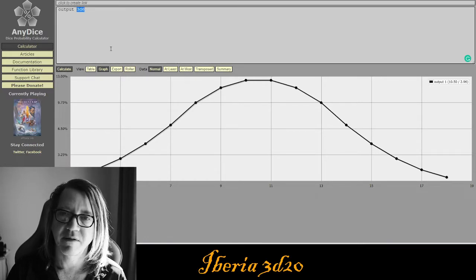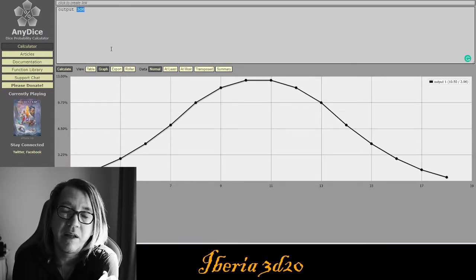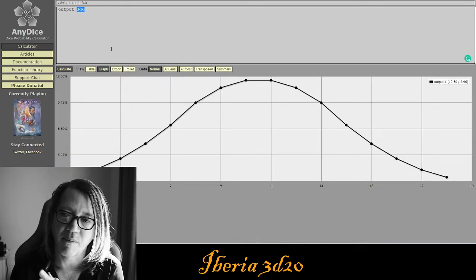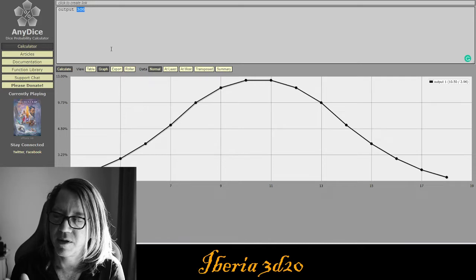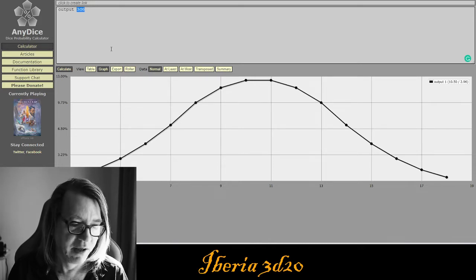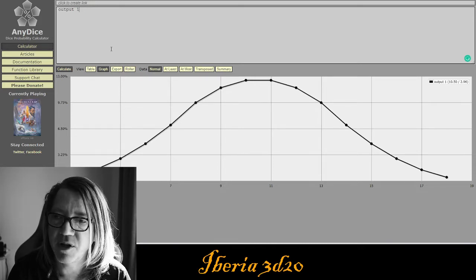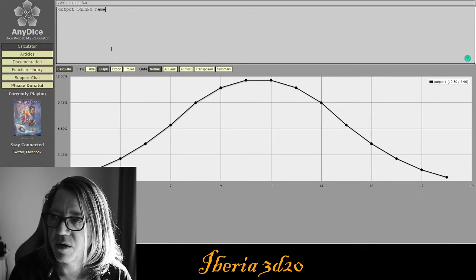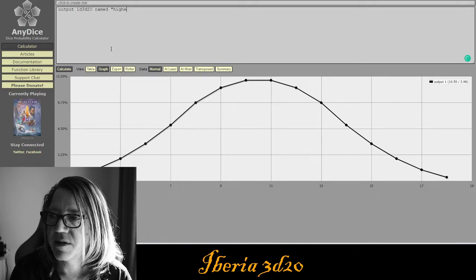Again, special thanks to Jasper Flick of AnyDice, because I ran a lot of probabilities and exported a lot of tables out of here. I'm going to put each one in here. So 3D20, and I'm going to name this one highest, 3 of the 3D20 dice.